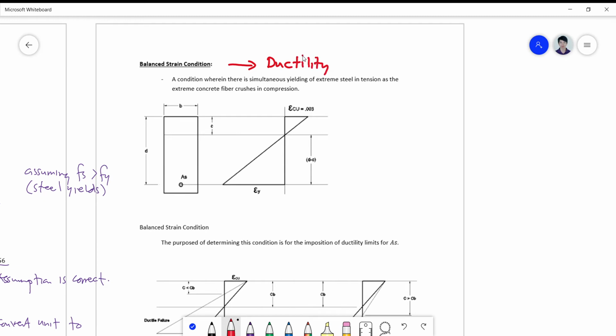Okay, ductility considerations in the design of beams.